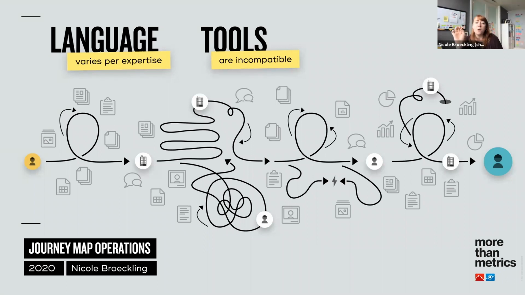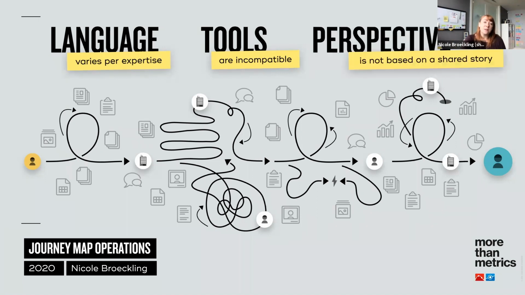And that's just one small example of tools and incompatibilities that can happen across silos. And then I think the last big one that we talk about a lot in service design is that everyone's speaking from their own perspective. So we don't have that shared story and that shared understanding of what it is that we're talking about.